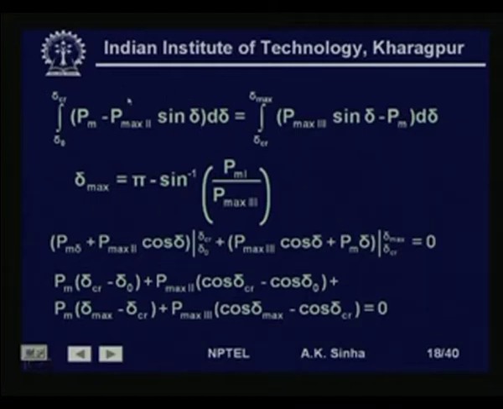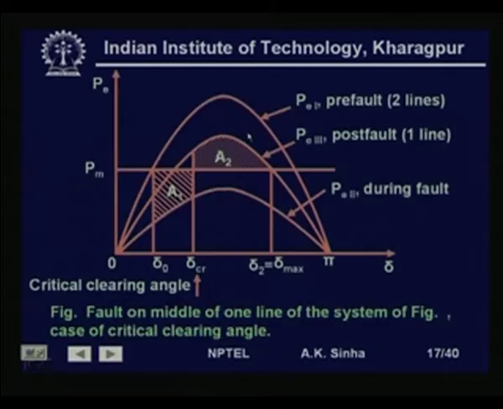So, this is the integral that we have, and this must be equal to how much, the decelerating area which is available. So, decelerating area which is available is given by integral from delta Cr to delta max of Pe3, that is this Pmax3 sin delta minus Pm, that is the area under this curve and this line, that is area below this curve and above this line.